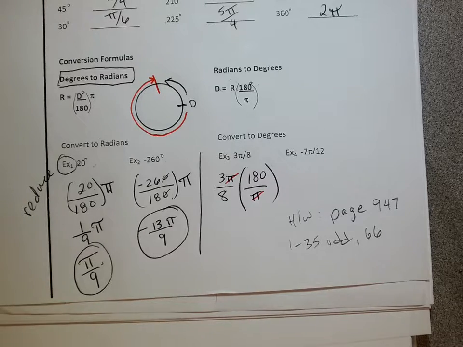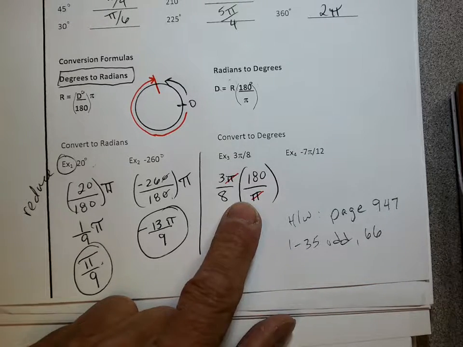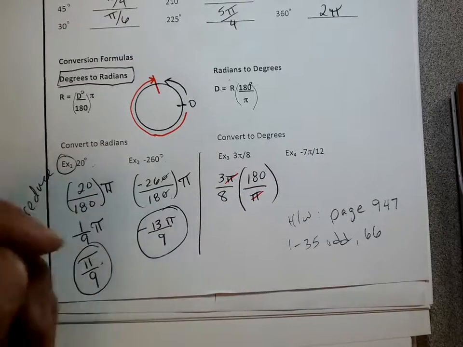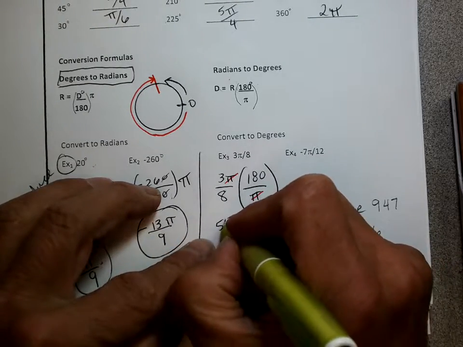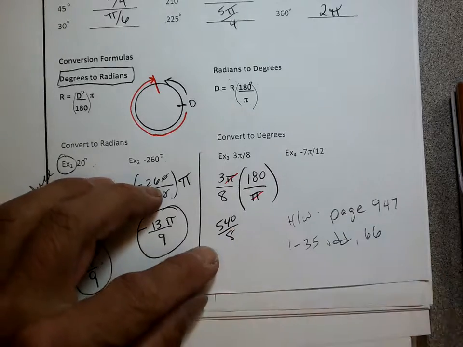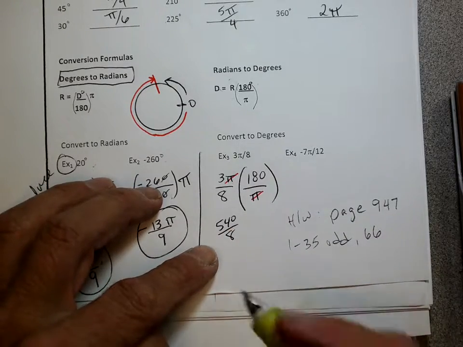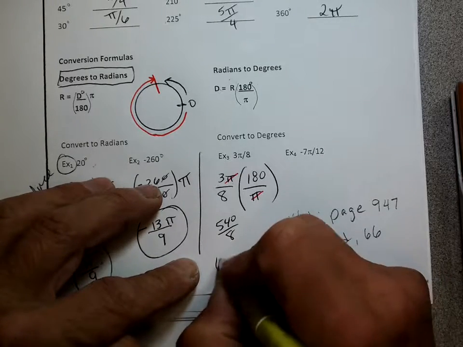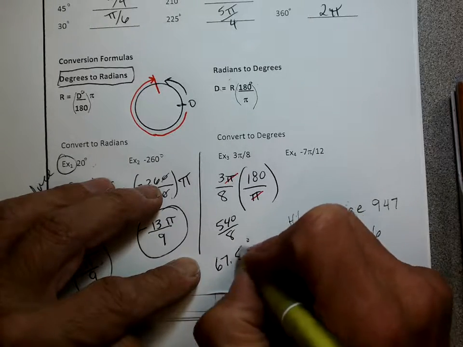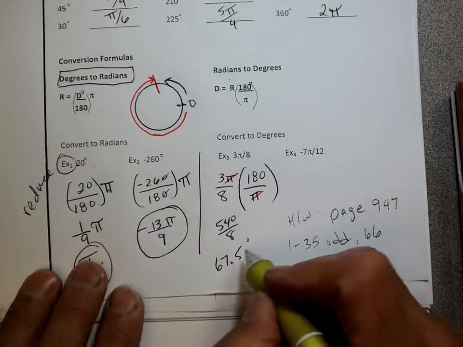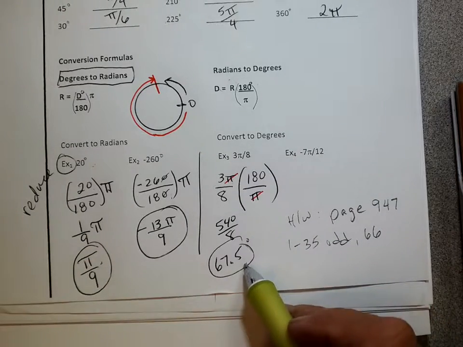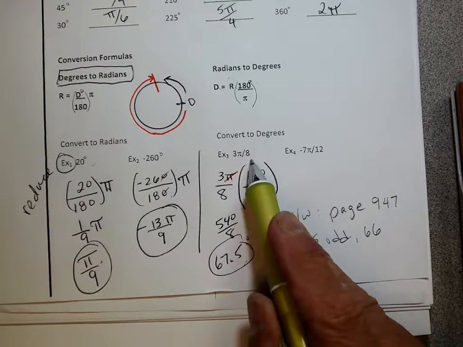And then I'm going to go, what's 3 times 180? 3 times 180 is 540 divided by 8, right? 540 divided by 8. And I get about 67.5 degrees. Okay, there it is. So that's the degree equivalent of 3 pi eighths radians.